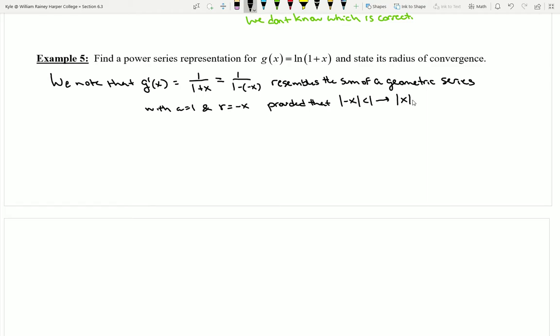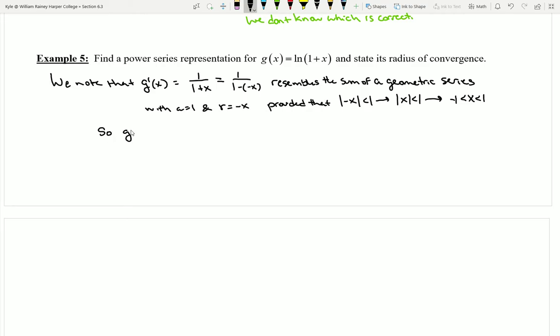That gives me the absolute value of my x is less than 1. And that, of course, gives me that x is between negative 1 and positive 1. So as long as I pick this kind of x, this g prime looks like a geometric series sum.